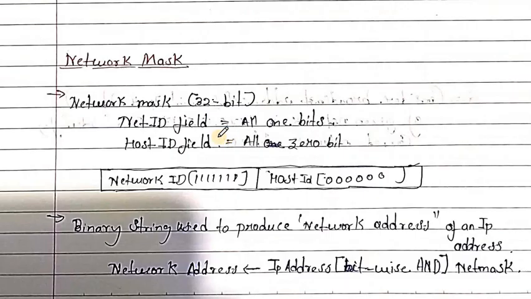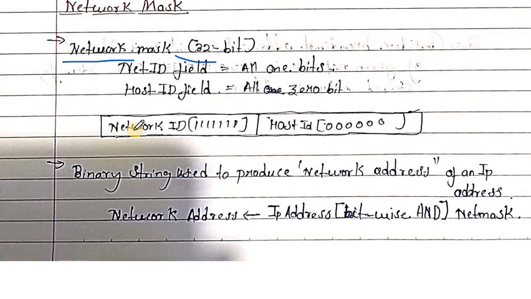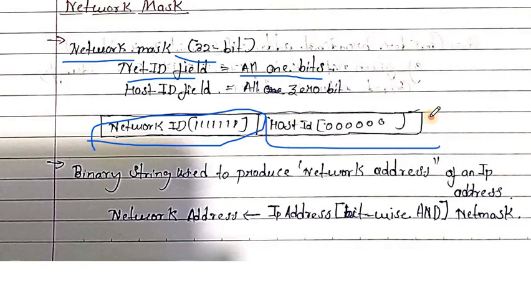Okay, so the network mask is a 32-bit number, like an IP. In the network mask, the network ID field is filled with all 1 bits and the host ID field is filled with all 0s.